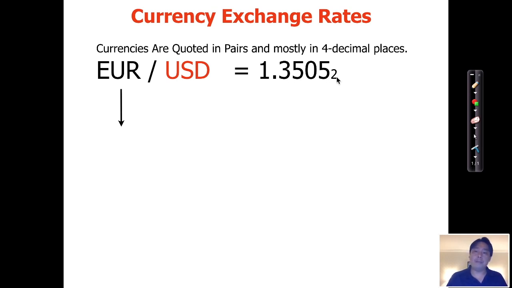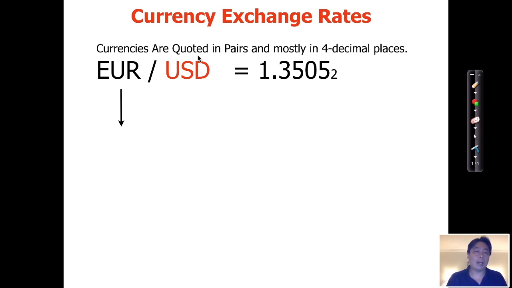The 5th decimal place is known as a fractional pip, and we do not care about that. It's too small to worry about. We're looking at the 4 decimal places, and the last decimal place represents a pip, which I'll talk about in a short while.